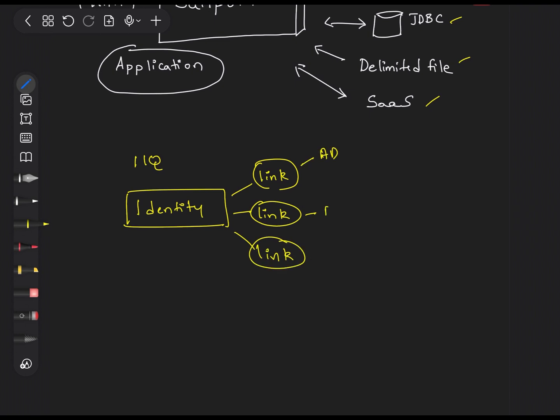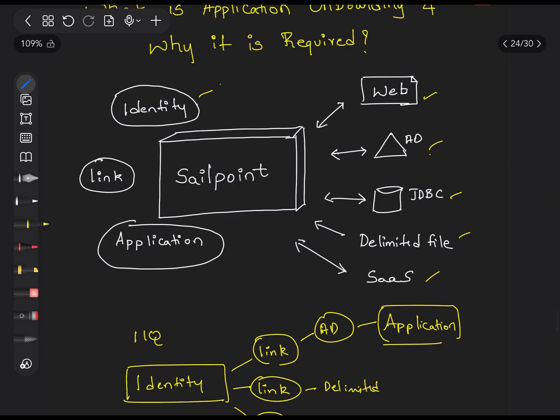So this may be AD, this may be delimited, and this may be, let's say, LDAP or some web service. Everything will be linked to the identity. We call this the application. So now we have three objects: the identity object, the link object, and the application object.